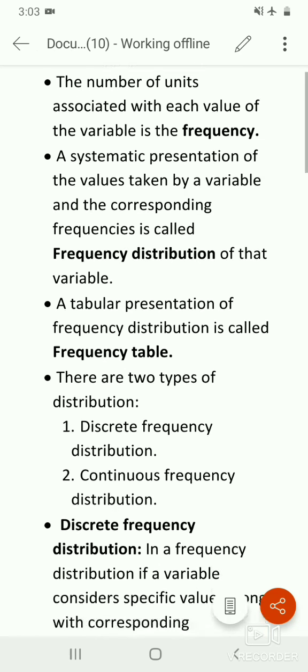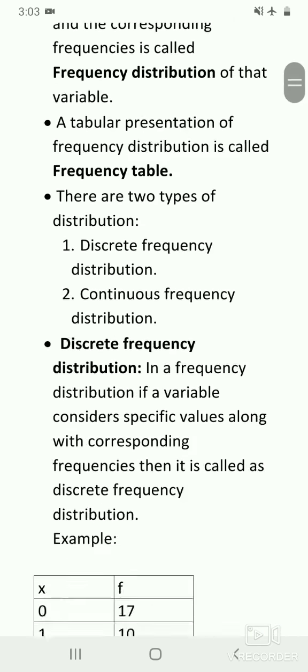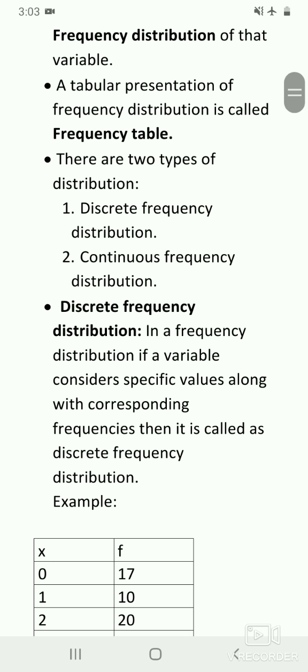There are two types of distribution. The first one is discrete frequency distribution and the second one is continuous frequency distribution. In a frequency distribution, if a variable takes specific values along with the corresponding frequencies, then it is called a discrete frequency distribution.